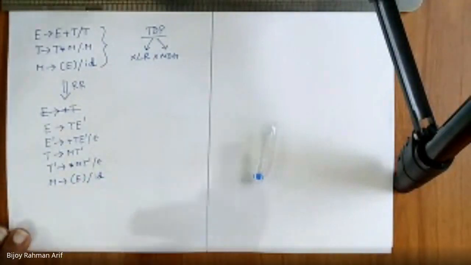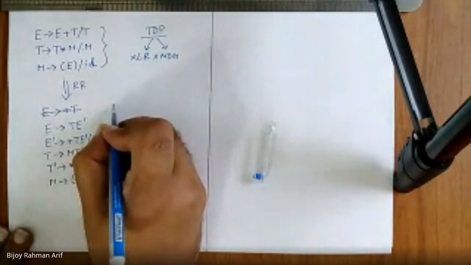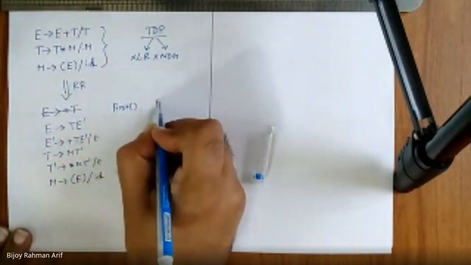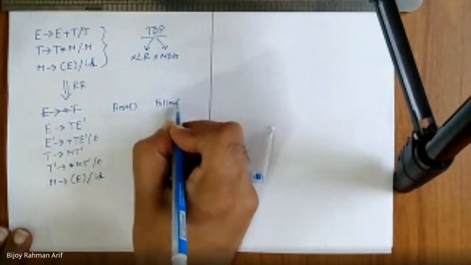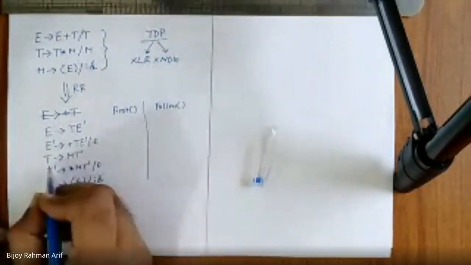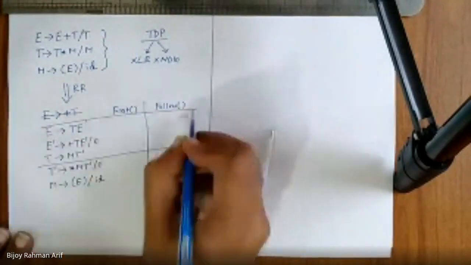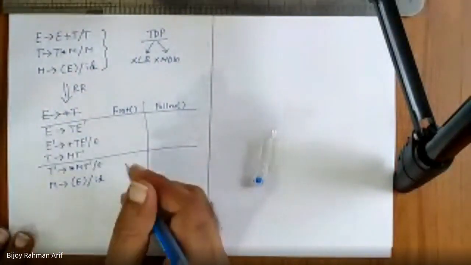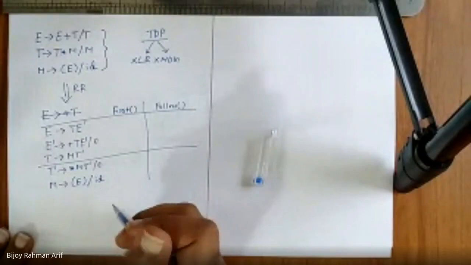Now, what is the second step I need to do? I have to find out first and follow. So how can I find first and follow of this grammar? Which one I need to find first?